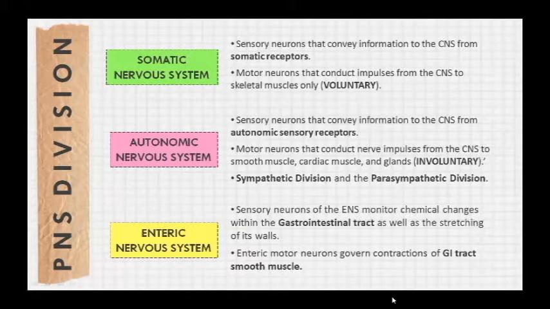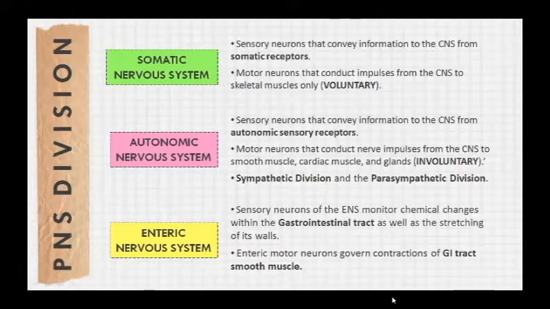While the autonomic nervous system has sensory neurons that convey information to the central nervous system coming from the autonomic sensory receptors, its motor neurons conduct nerve impulses from the CNS to smooth muscles, cardiac muscles, and glands, which are specifically involuntary.